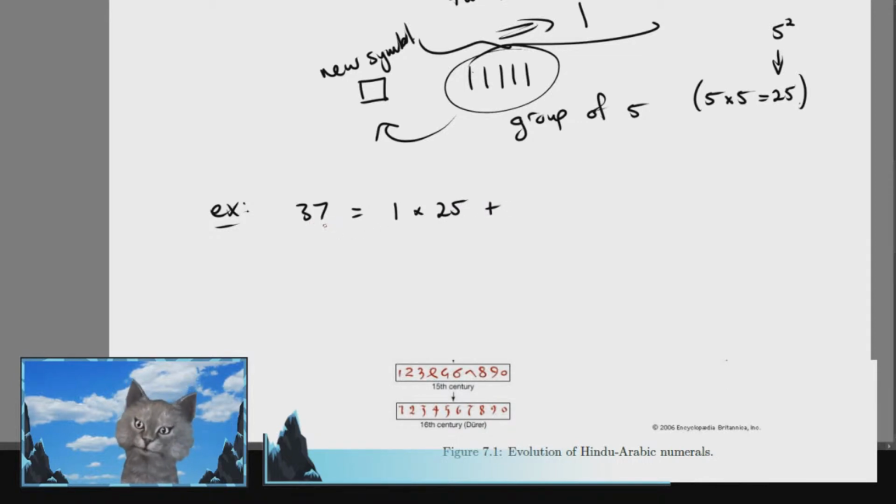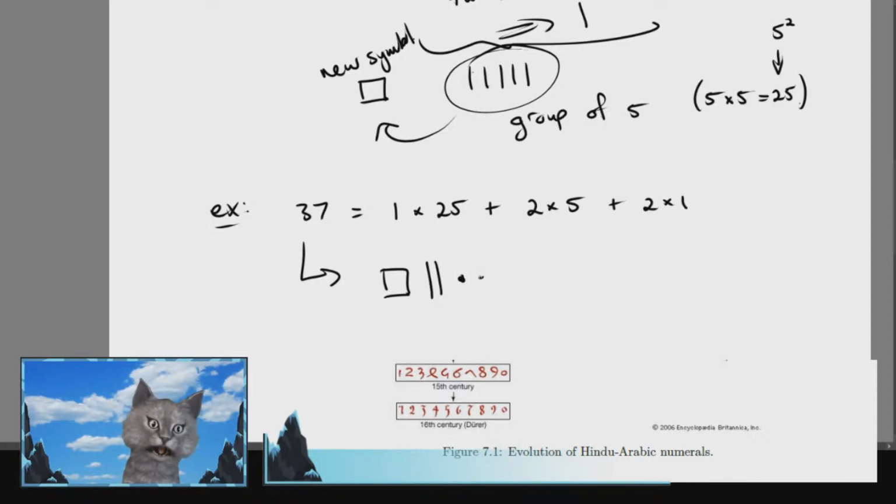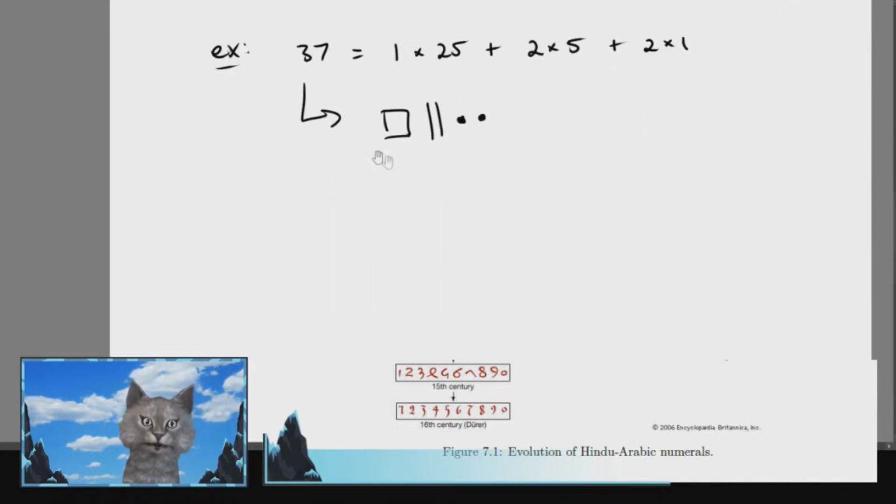I have 12 left over. So that's 2 groups of 5 and another 2 ones, if you will. So in this basic version, we could represent that number by a hand or a square, 2 fingers, and 2 little rocks. But it becomes tedious as your numbers get bigger to introduce newer symbols.